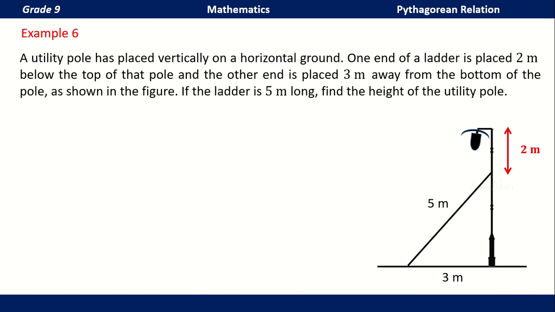If the ladder is 5 meters long, find the height of the utility pole. Here you are given a figure, and if it is not given, you have to draw a figure according to this information. They have given that the ladder is placed 2 meters below the top, right? I have marked it here, and you are asked the height of this pole.